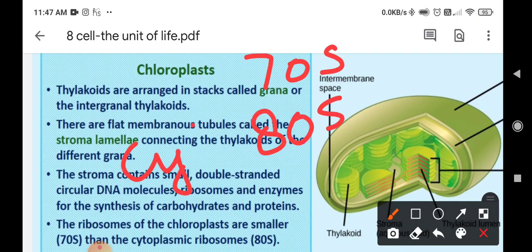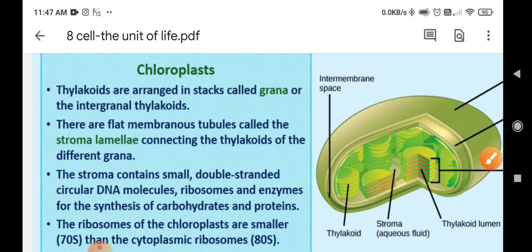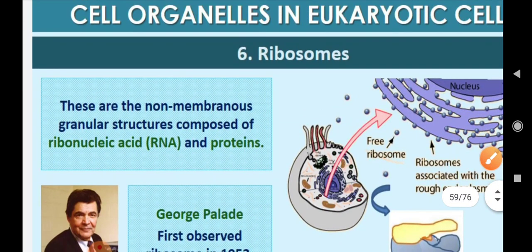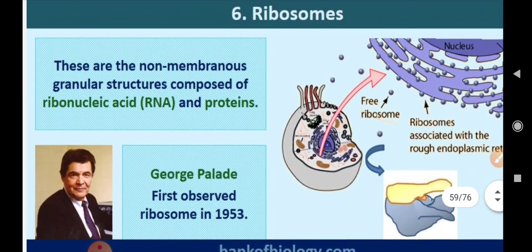So in the cytoplasm 80S type ribosomes are present, but in chloroplast 70S type ribosomes are present. This is very important. One more thing, semi-autonomous: I have already explained that chloroplasts also contain their own DNA, so they are also known as semi-autonomous structures.